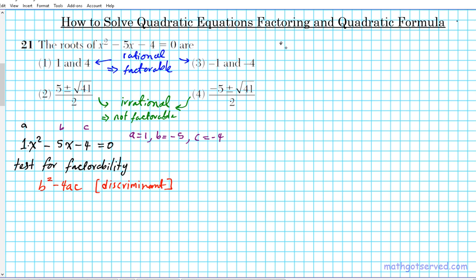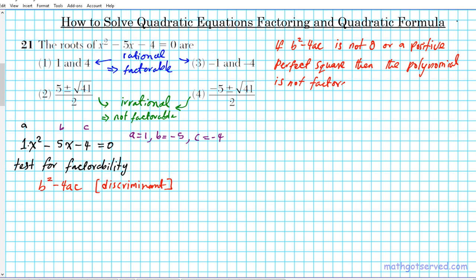If b squared minus 4ac, which is the discriminant, is not 0 or a positive perfect square, then the polynomial expression is not factorable.